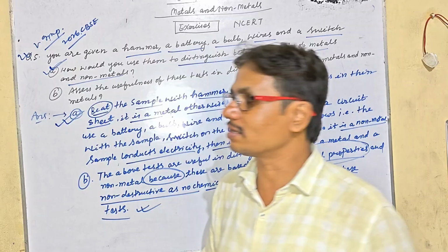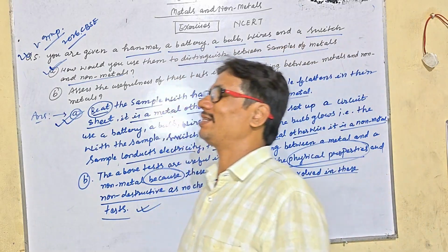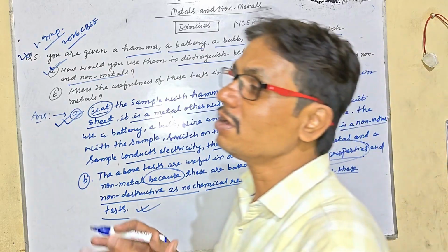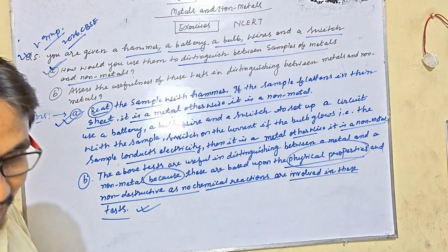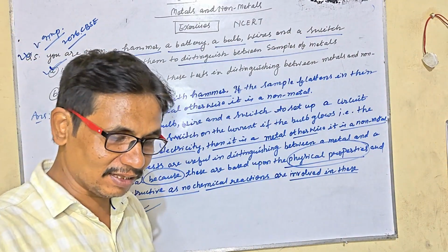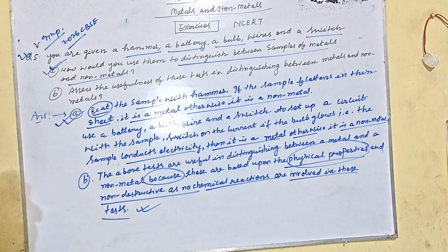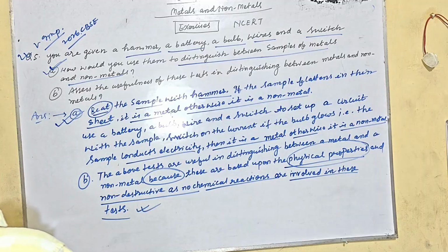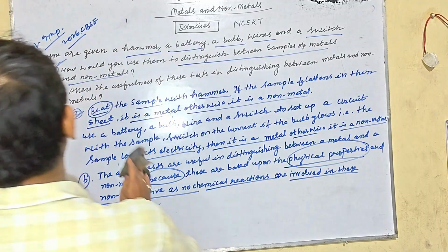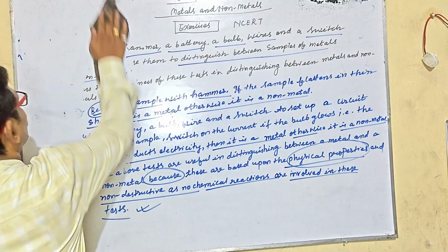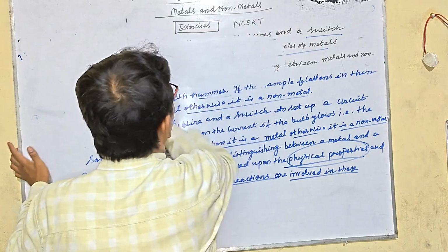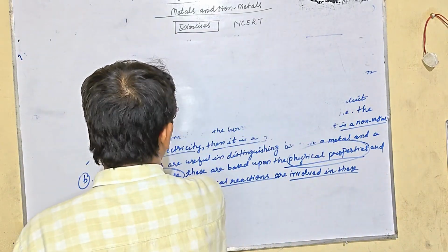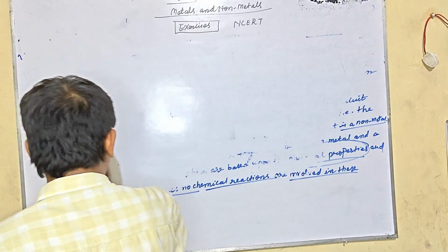So my dear students, this is all about today's class of the NCERT exercise. Questions number 1, 2, 3, 4 are MCQs, and question number 5 is what we discussed. The last question of today, question number 6, I am going to discuss now.